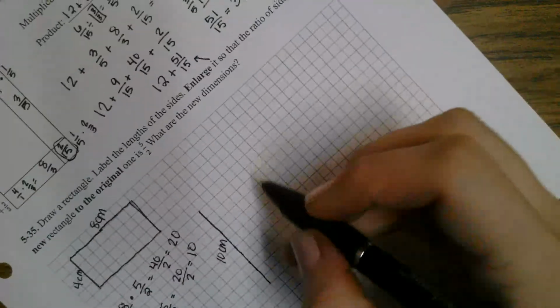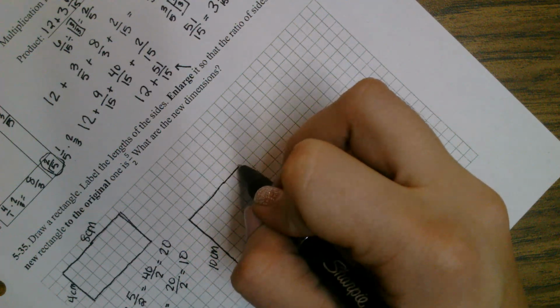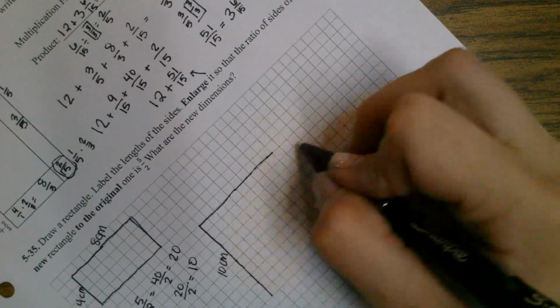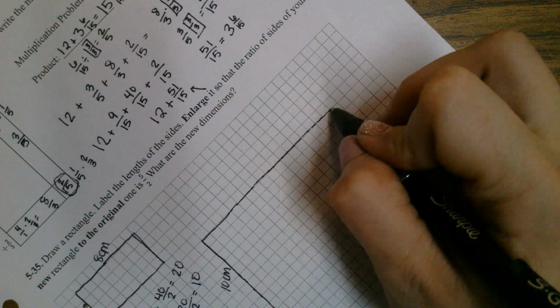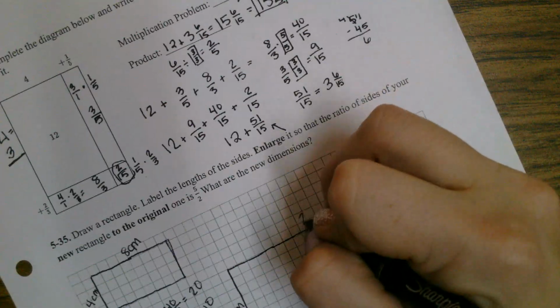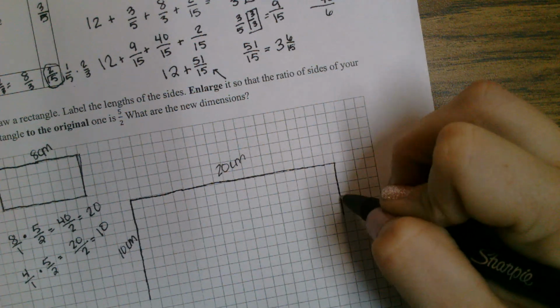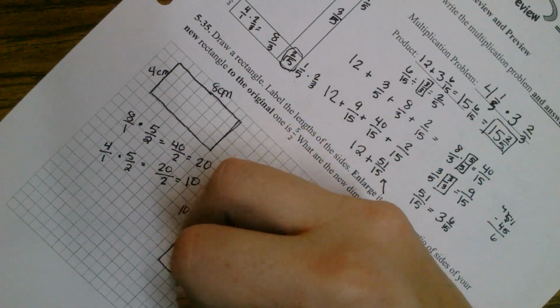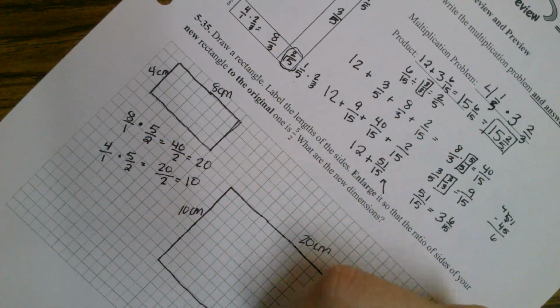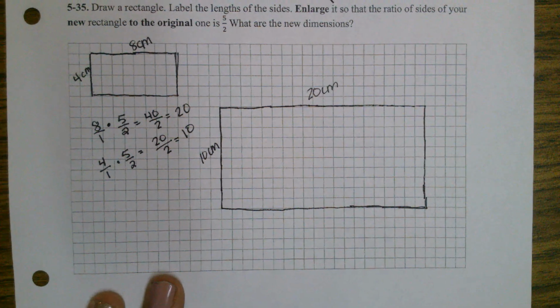By 20, I'm going to turn my paper sideways. 1, 2, 3, 4, 5, 6, 7, 8, 9, 10, 11, 12, 13, 14, 15, 16, 17, 18, 19, 20. That is my new rectangle. It will be 20 by 10 centimeters.